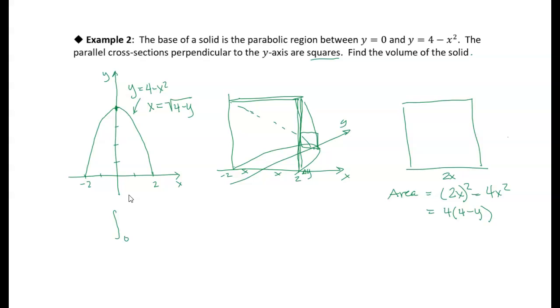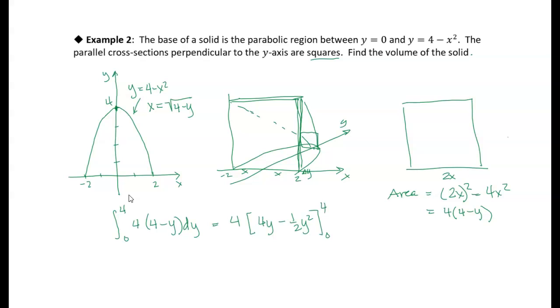We're going to integrate from 0 up to 4 the area of each of these squares, so 4 times 4 minus y dy. Now we're going to get 4, and then the integral of 4 is 4y. The integral of y is 1/2 y squared, from 0 to 4.